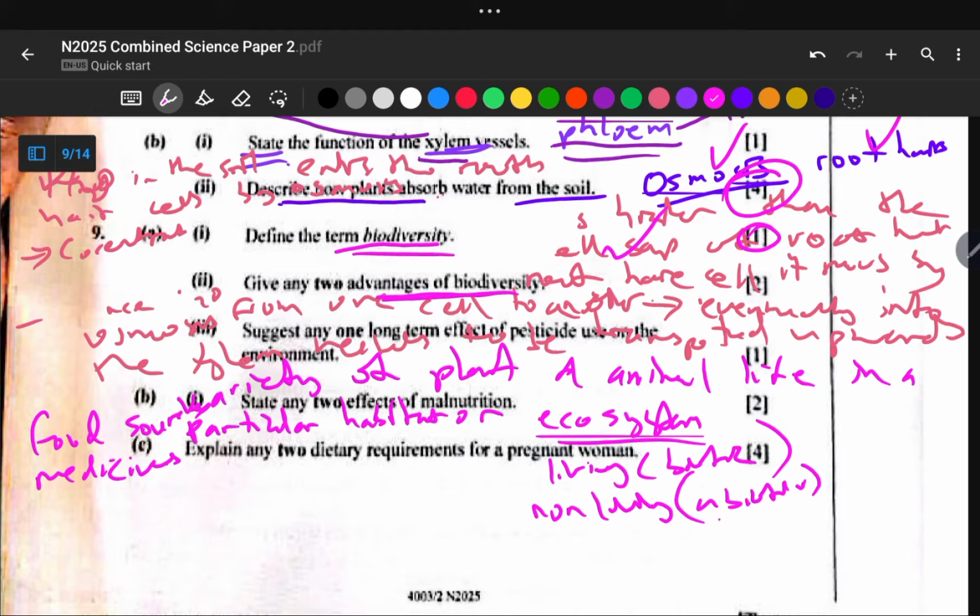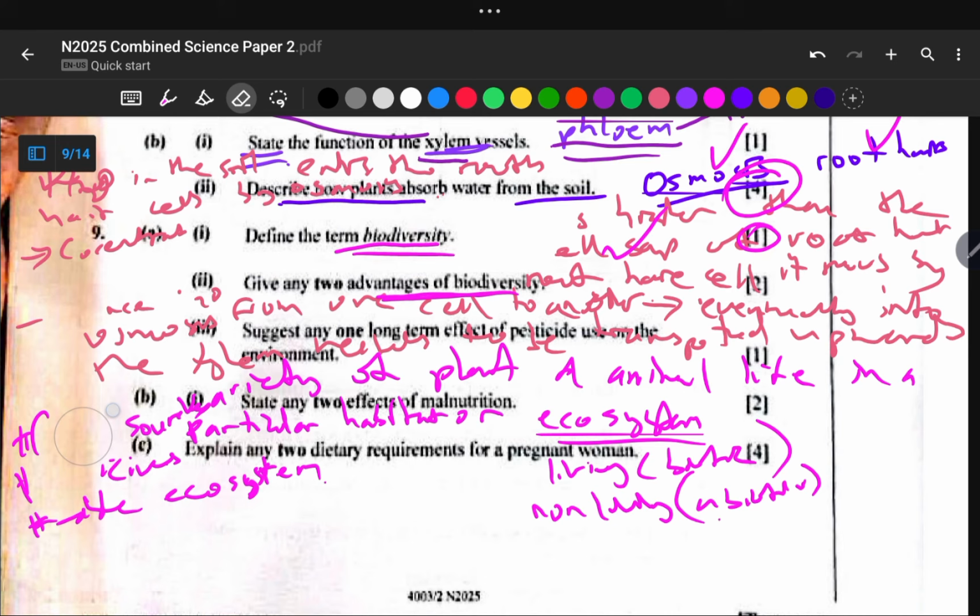And it also helps to maintain a stable ecosystem which provides essential services like clean air, water, and pollination, right? So it maintains a stable ecosystem. And you're done. And then we go on to the next part.